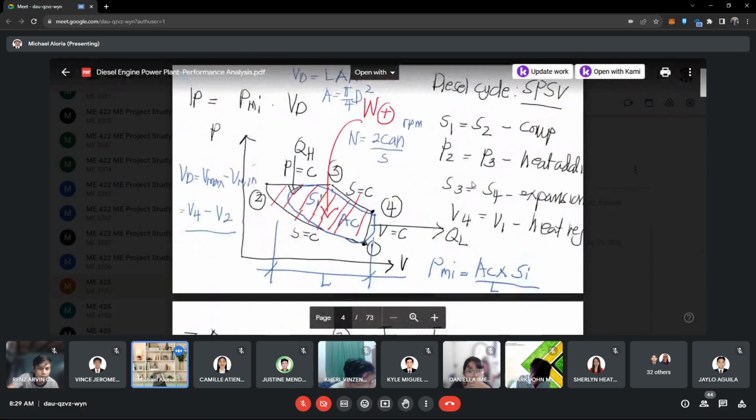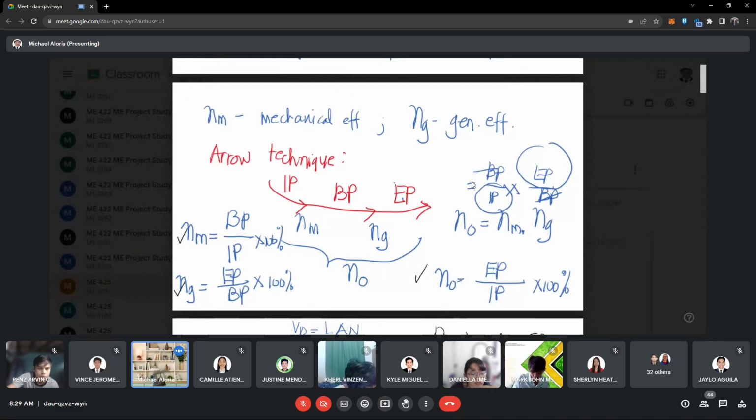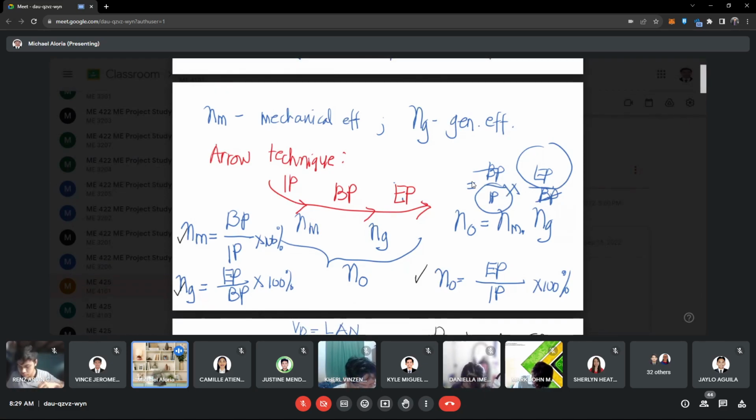Let us go back to this. Now, instead of using your power outputs, we can use your thermal efficiency: your indicated thermal efficiency, your brake thermal efficiency, and your combined thermal efficiency. But still, we can measure both mechanical efficiency and generator efficiency, or even your overall efficiency.